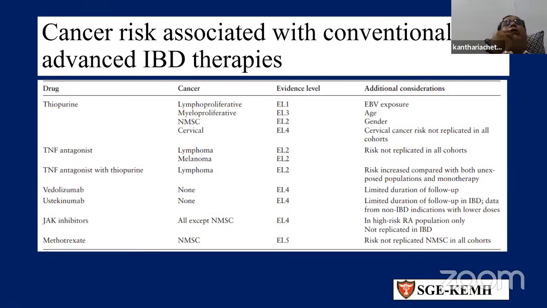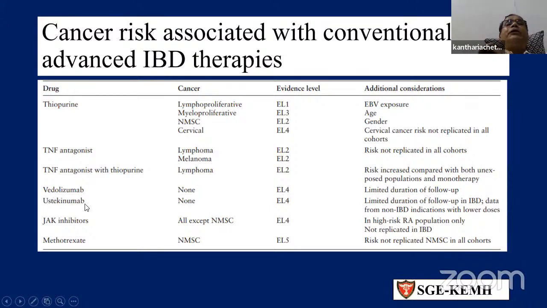So now what are the common drugs used which can give rise to malignancies in patients receiving therapy for IBD? Thiopurine can give rise to lymphoproliferative and myeloproliferative disorders, non-melanomatous skin cancers and cervical cancers. TNF antagonists can give rise to lymphoma and melanoma. When a TNF antagonist is used in combination with thiopurine, it can give rise to lymphoma.